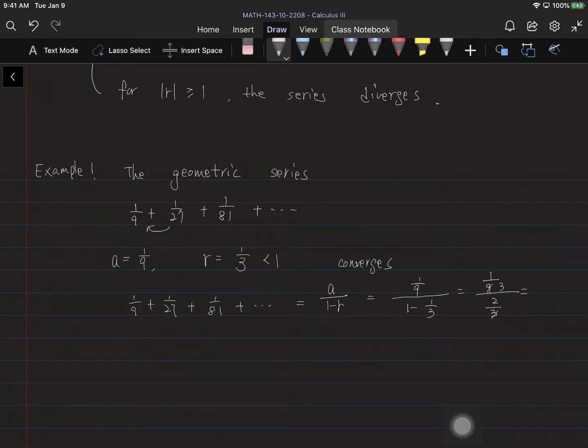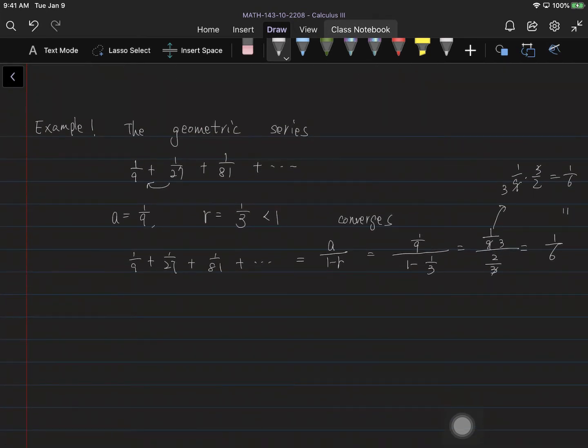Either way. So my answer should be 1 over 6. You cancel the 3, and you get 1 over 6. Same thing, right? Either way. So this is how you find the sum, just by using the formula here, A over 1 minus R.